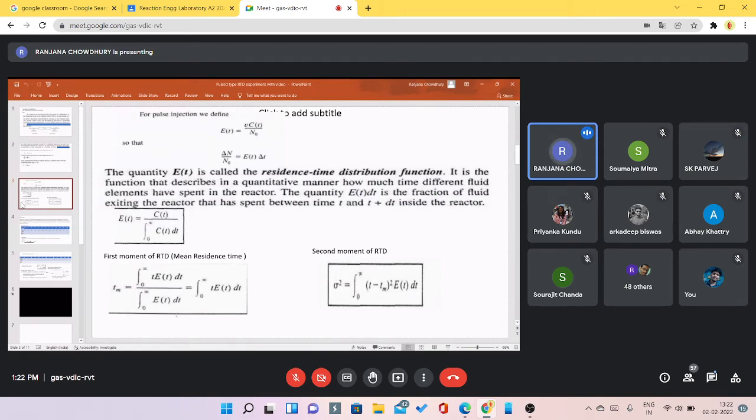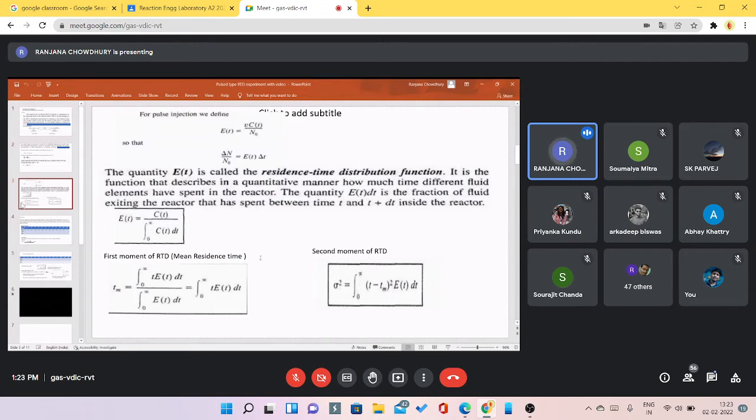Now, this one, the integral of E(t) dt, that is, you are summing up all the fractions here, and this is nothing but 1. And so, t_m is nothing but the integral of t E(t) dt in the limit 0 to infinity. And similarly, this variance, which is nothing but the second moment of RTD, is sigma square, equal to the integral of (t minus t_m) whole square E(t) dt, in the limit 0 to infinity.